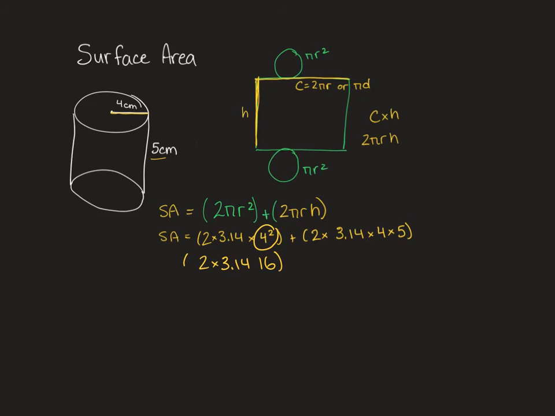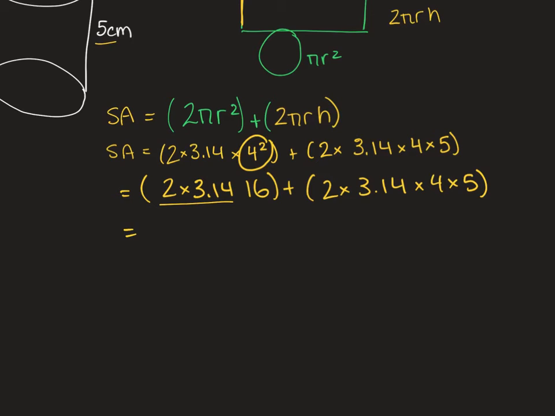Now you'll notice that I have brackets around the two sections because I don't want them to get too mixed up, right? So what could I multiply next for my next row? I could start with 2 times 3.14, and that gives me 6.28 times 16.